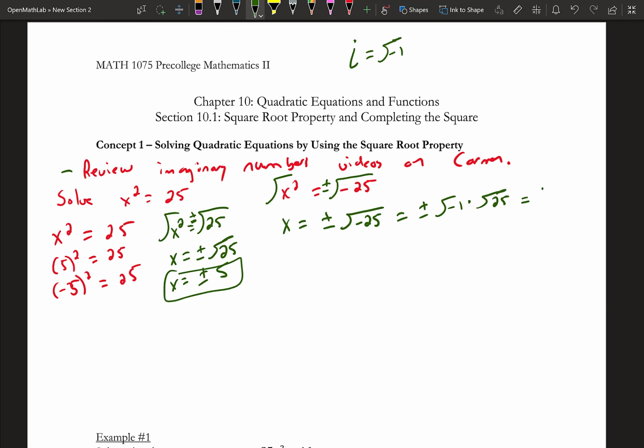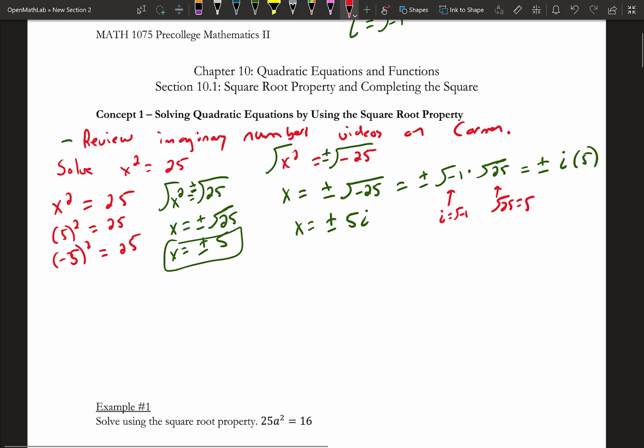So this would be i times 5, or in other words, x would equal plus or minus 5i. Typically we write the i last when simplifying that. I know that because i equals square root of negative 1, and square root of 25 equals 5, so I was just substituting those values in. That's just a rough idea of what we're doing.